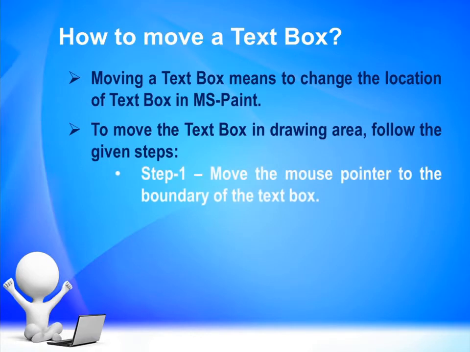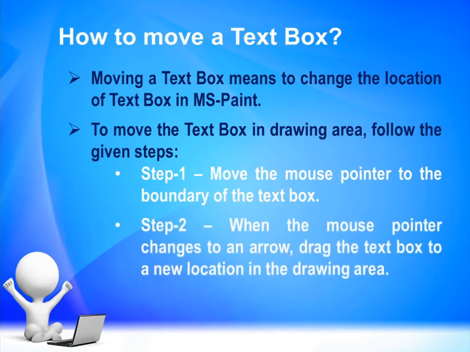Step 1. Move the mouse pointer to the boundary of the text box. Step 2. When the mouse pointer changes to an arrow, drag the text box to a new location in the drawing area.